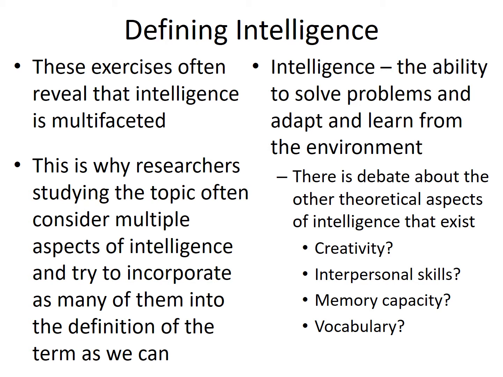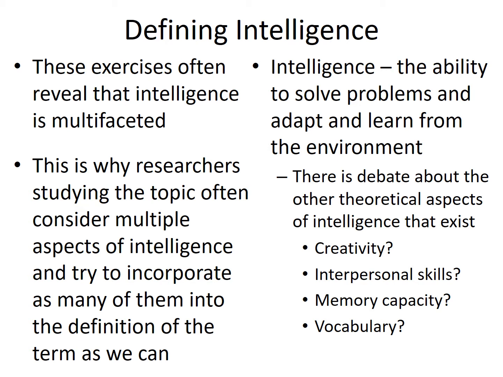And that's often because when people start talking about intelligence, we quickly realize that this is a very multifaceted thing. In fact, in the definition of intelligence, people take into account the fact that intelligence really does hit on a lot of different categories. If you look into your textbook or a number of different sources online or in other places, you'll see intelligence often defined as the ability to solve problems, adapt, and learn from the environment.